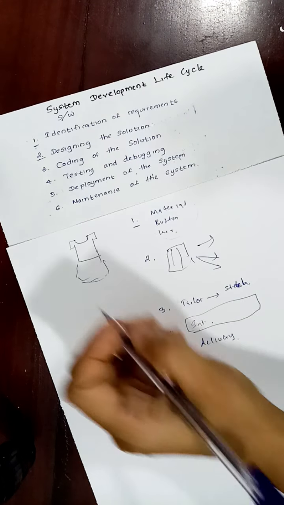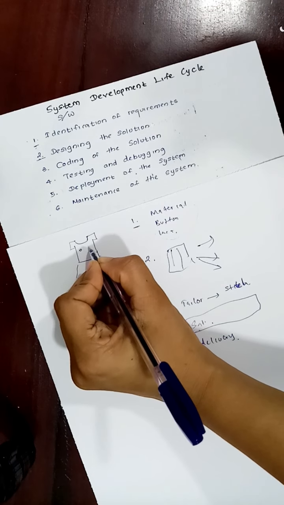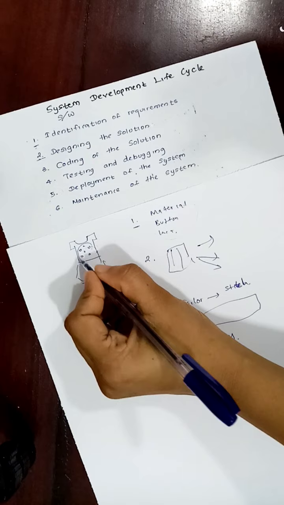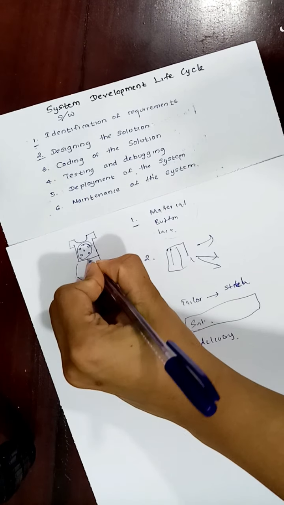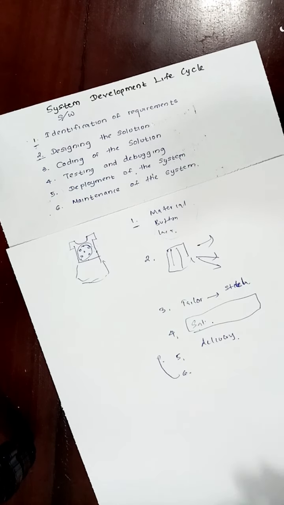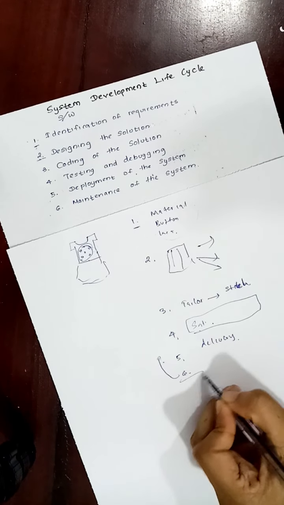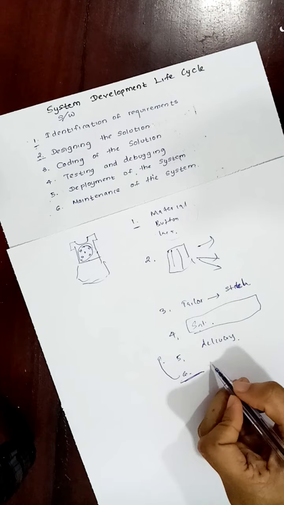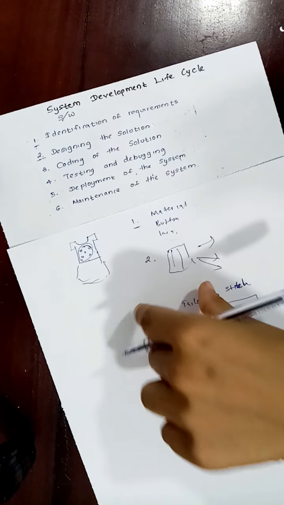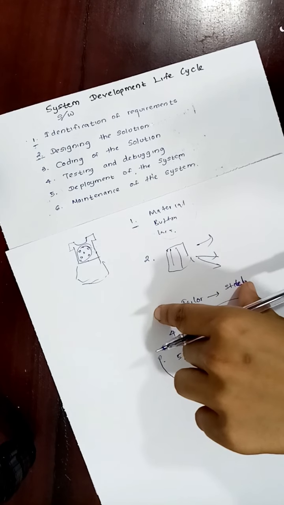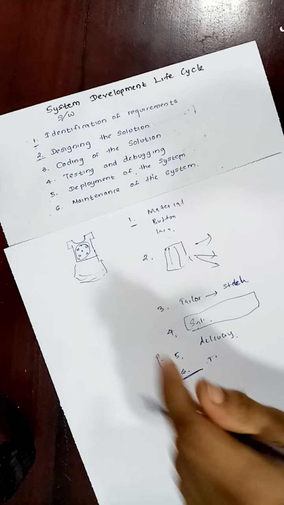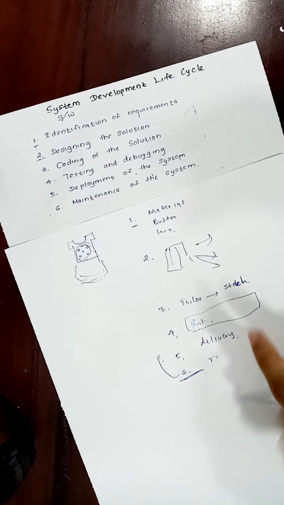If you want to insert any new buttons, then you ask the tailor again to alter it. Mostly this won't happen, but sometimes if you need some alterations, you will ask the tailor. That is the sixth step. If not, you will wear it.